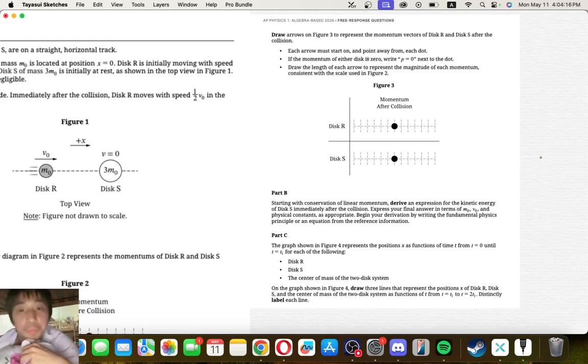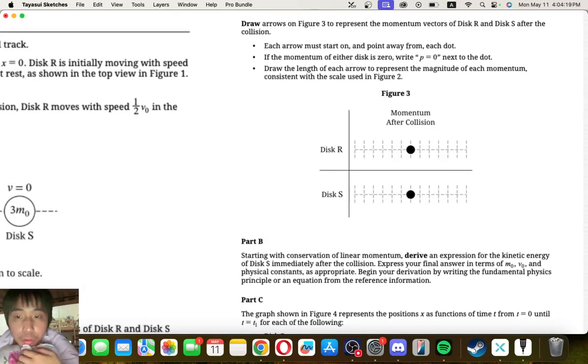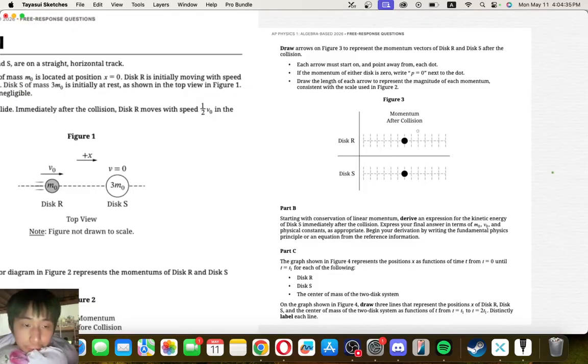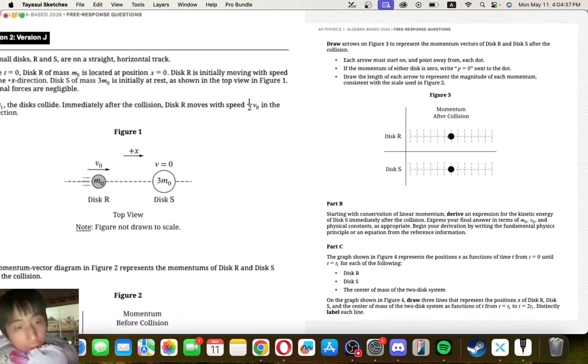Each arrow must start on the dot, and if the momentum of either disk is 0, write P equals 0 next to the dot. Draw the length of each arrow to represent its magnitude. So before we do anything, we have to solve.